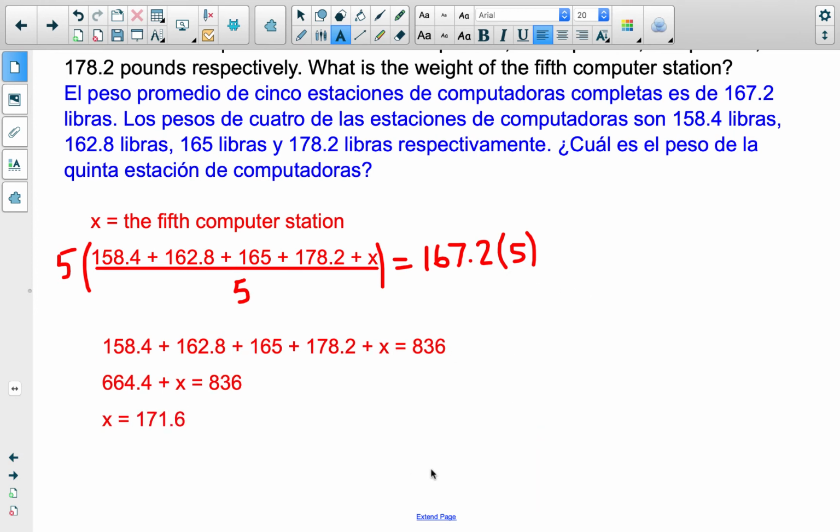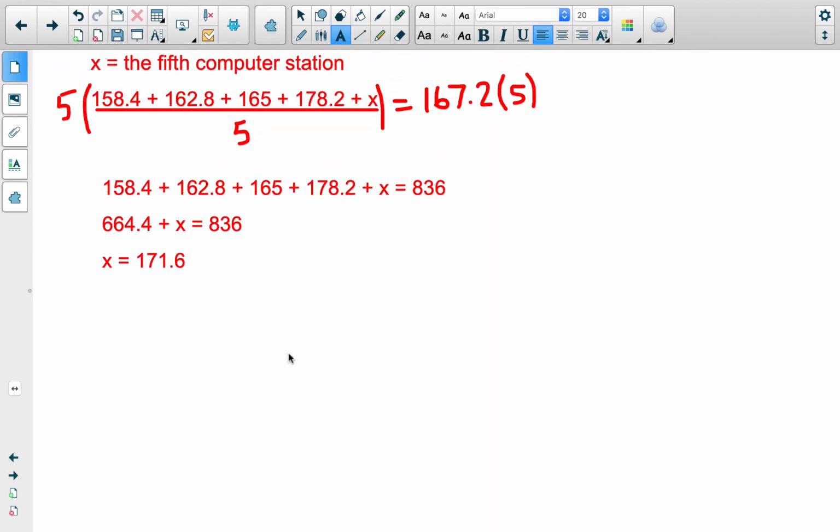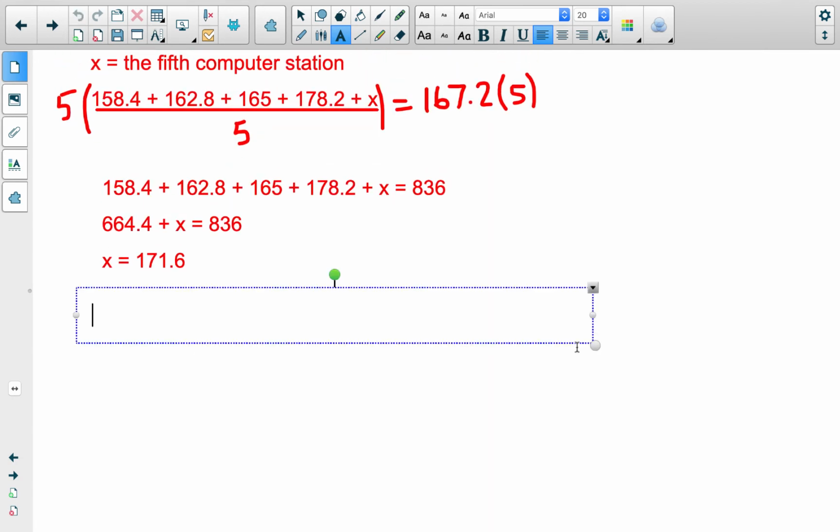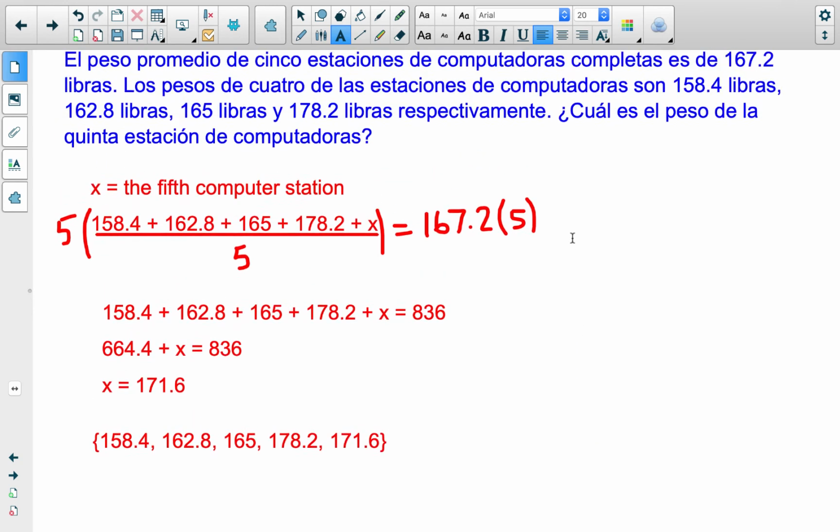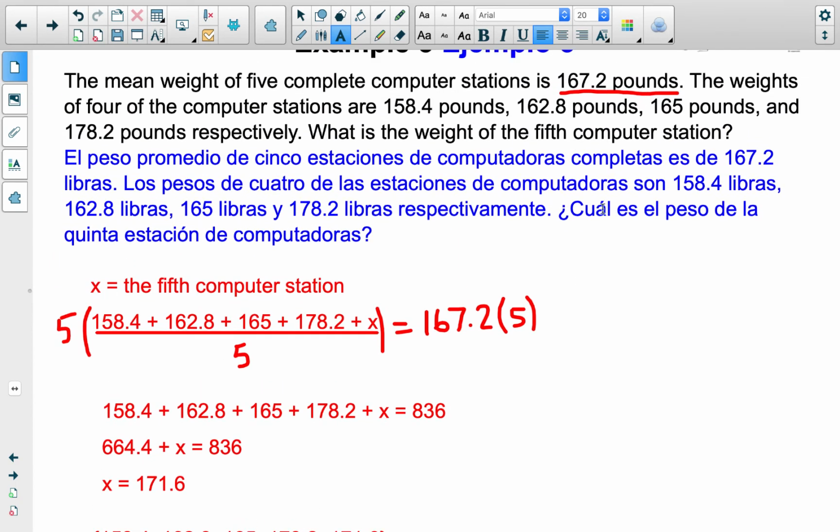Now, I'm not just going to go ahead and say, oh, I for sure did that right. If this is right, my data set is as follows. Excuse me there. So that should be my data set. And remember, my mean should end up being 167 and 2/10.